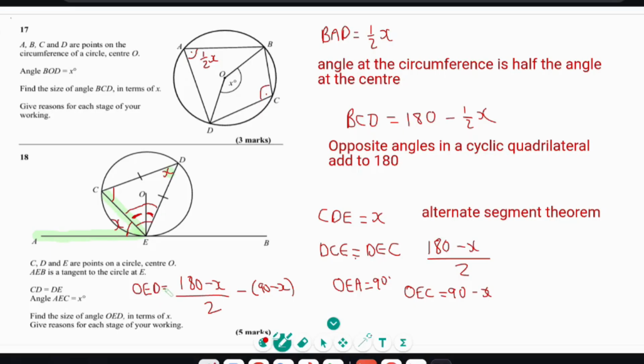Running out of space here, but let's actually halve the 180 minus x. It would be 90 minus half x minus 90 plus x, because minus minus x is plus x, which simplifies. Minus half x plus x is just half x. So that is your final answer for OED.